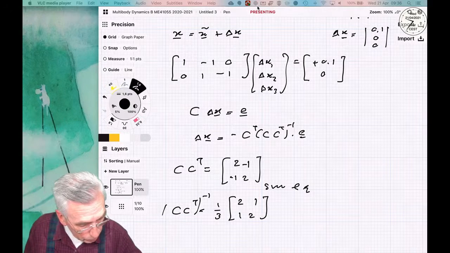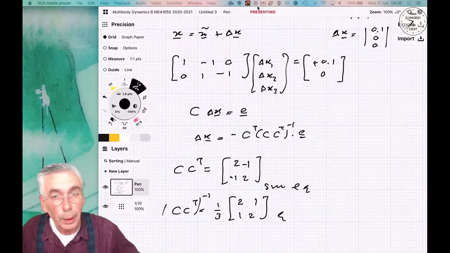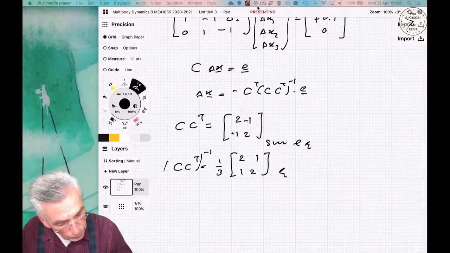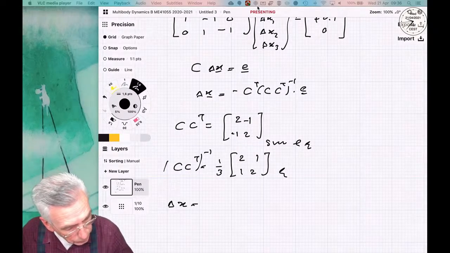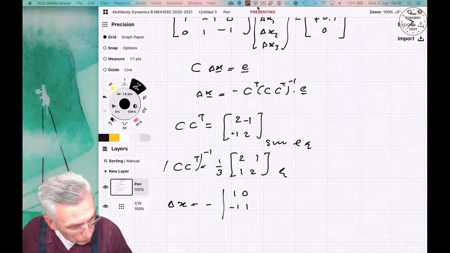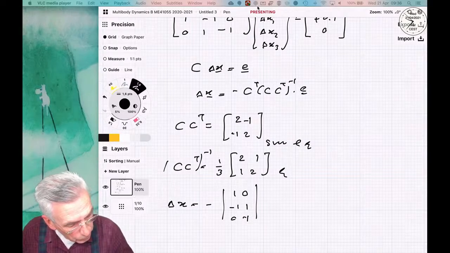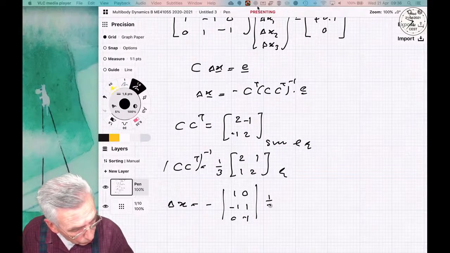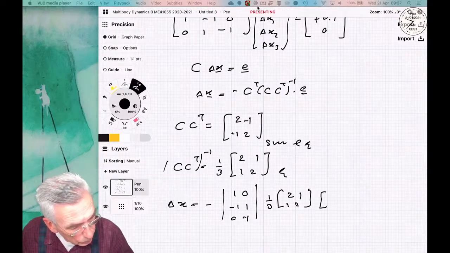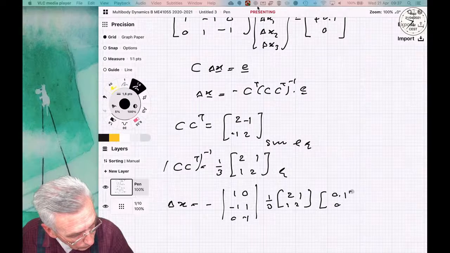So that looks good, and of course you can check it by multiplying with this guy. So we formed that guy. Then we can say, now the delta x is this minus C transpose, which is 1, 0, minus 1, 1, 1, 0, 1, times this 1 over 3, 2, 1, 1, 2, and then times the error, which was 0.1, 0.